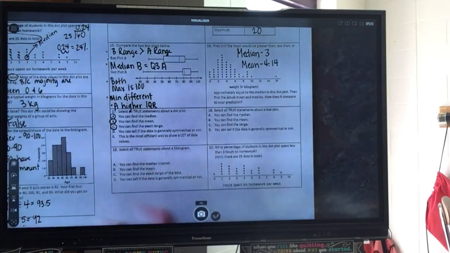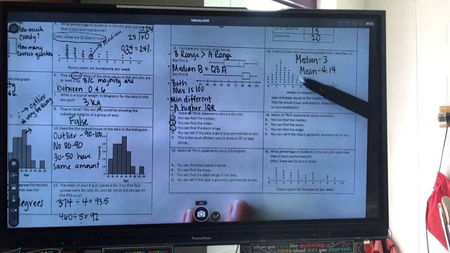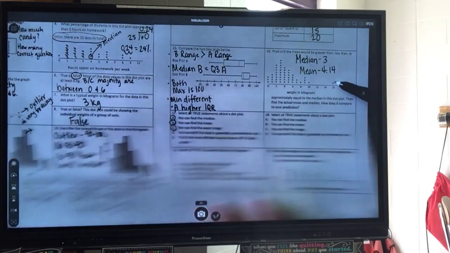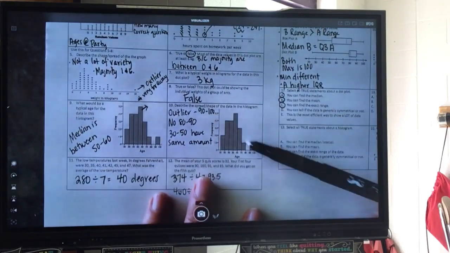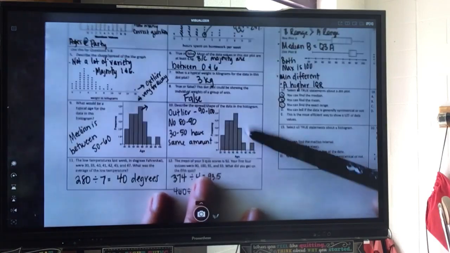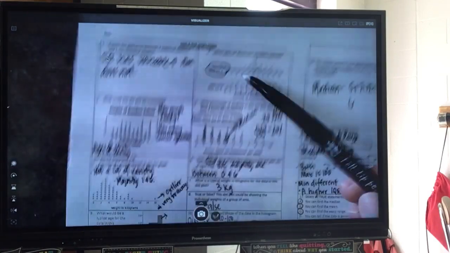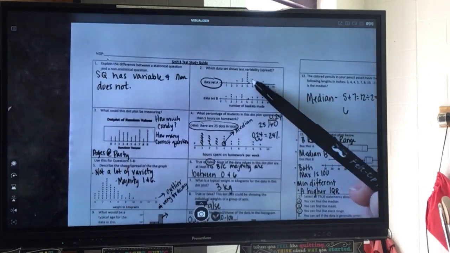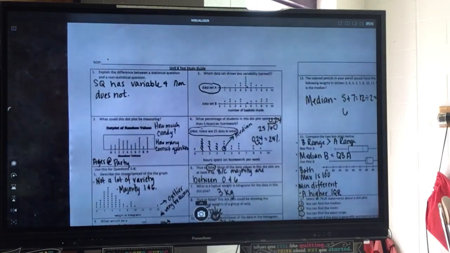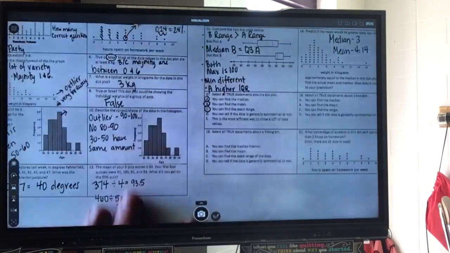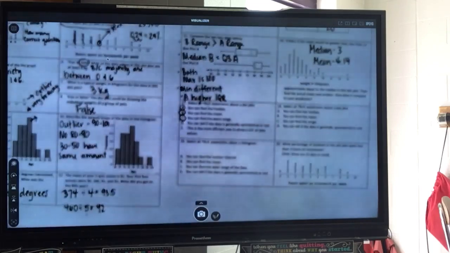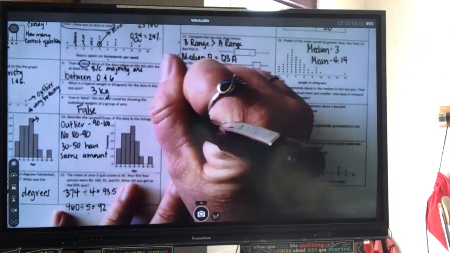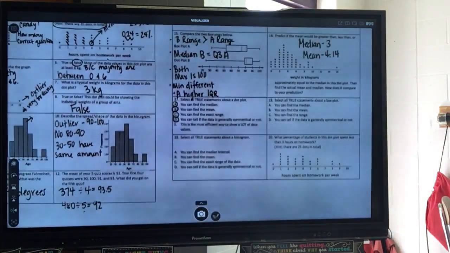So for example, this one's fairly symmetrical. This data, not as symmetrical because there's a lot more going on than there is over here. This data, very symmetrical because it's very similar on both sides. So can you tell with a dot plot? And then have a seat.